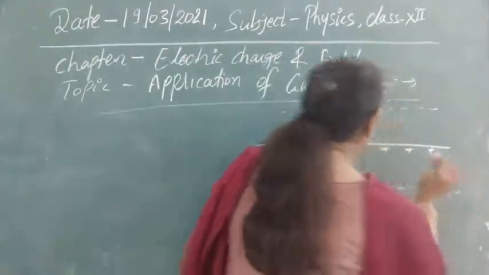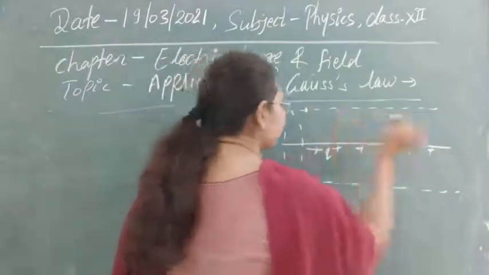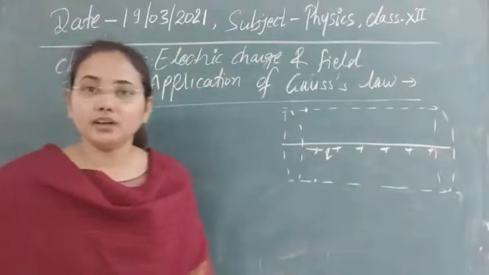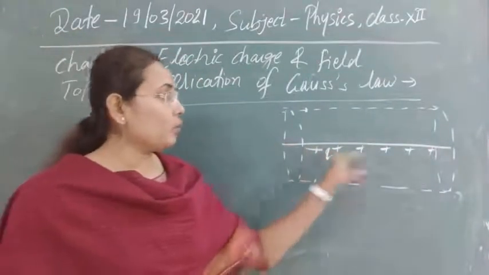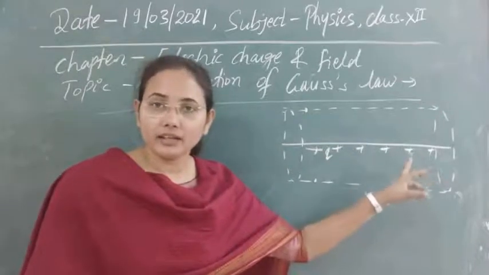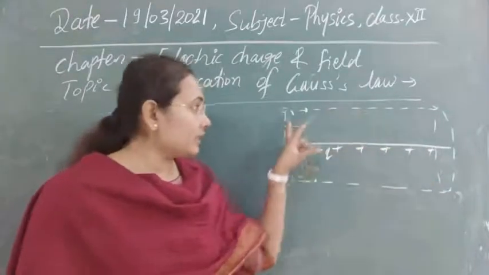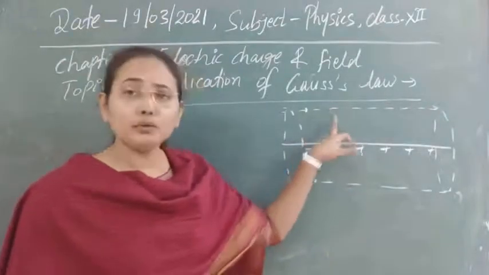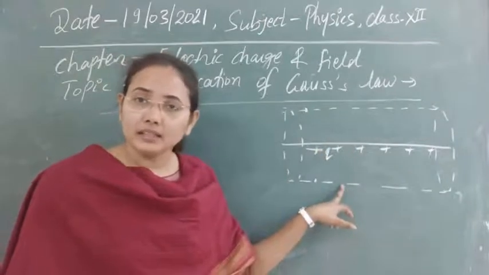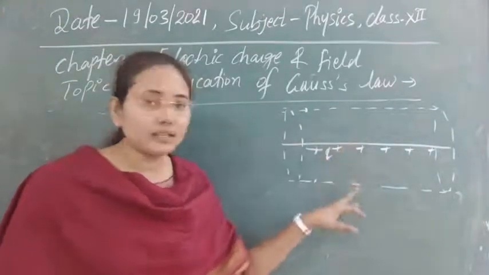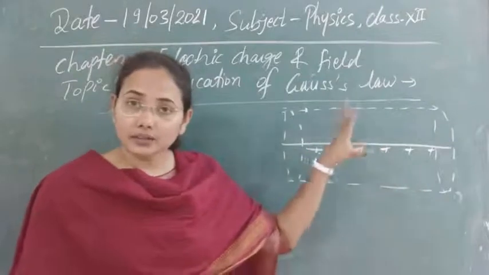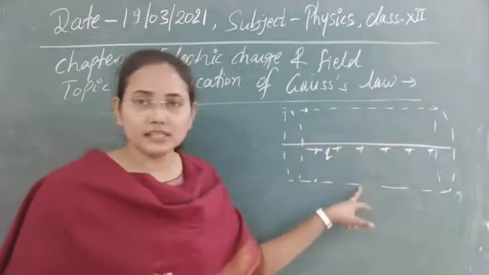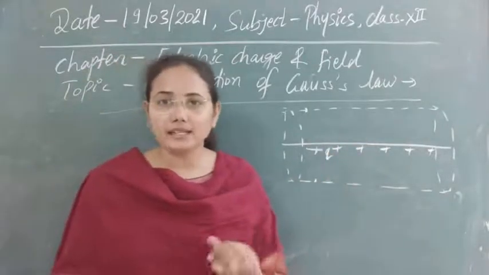Now make this line in this way and draw a surface here. As you can see, this is a cylinder, and it encloses the straight conducting wire completely, so this is now acting as the Gaussian surface.